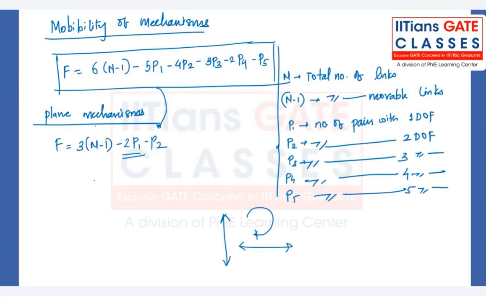That's why 2 times P1. And 1 times P2, because if we make a pair with 2 degrees of freedom, we are putting one constraint on one motion. So 3 times (n minus 1) minus 2 times P1 minus P2 is the simplified formula for a planar mechanism, and this is called Grubler's criterion.